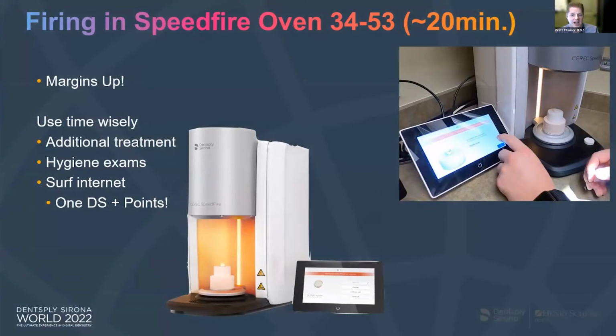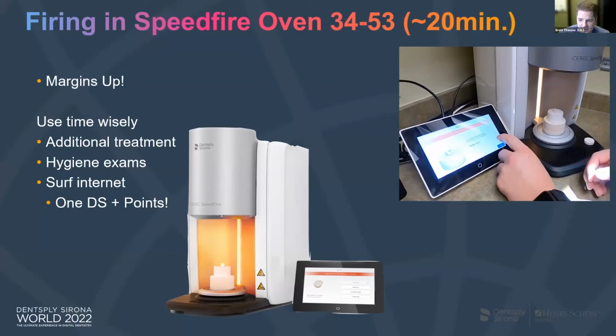Now you have 19 minutes to use wisely, right? That's my time. My hygienists know not to come get me for exams unless there's something milling. While things are milled and the assistants can get the crown in the oven, that's a great time to go do your hygiene checks.